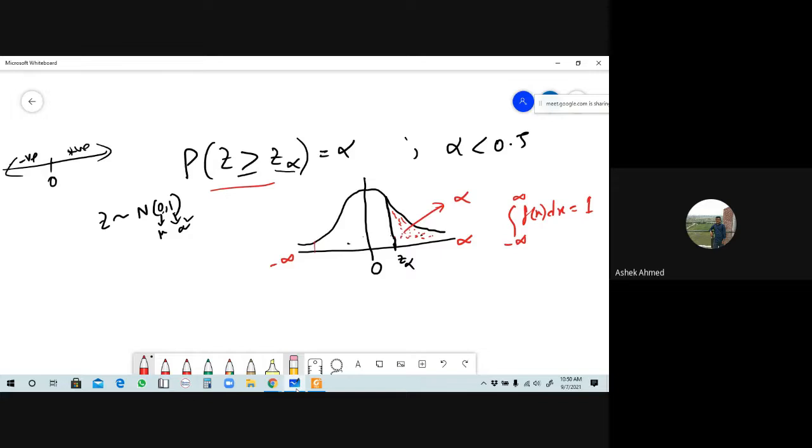So this z sub alpha point is called the 100 into 1 minus alpha percentile.